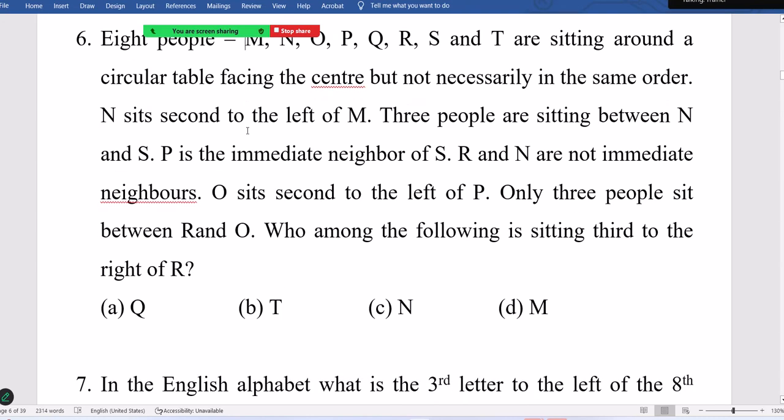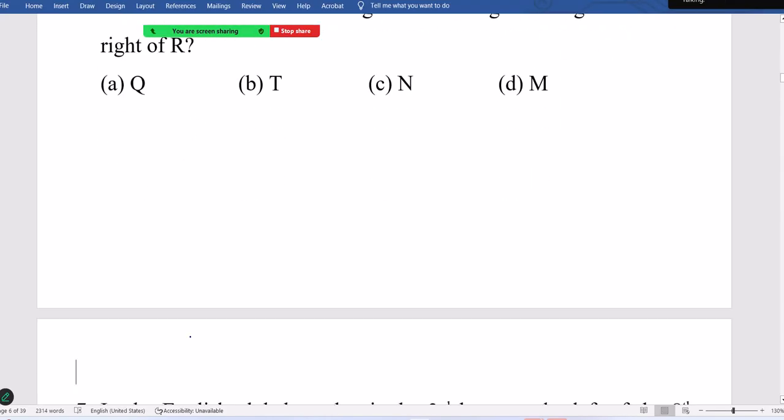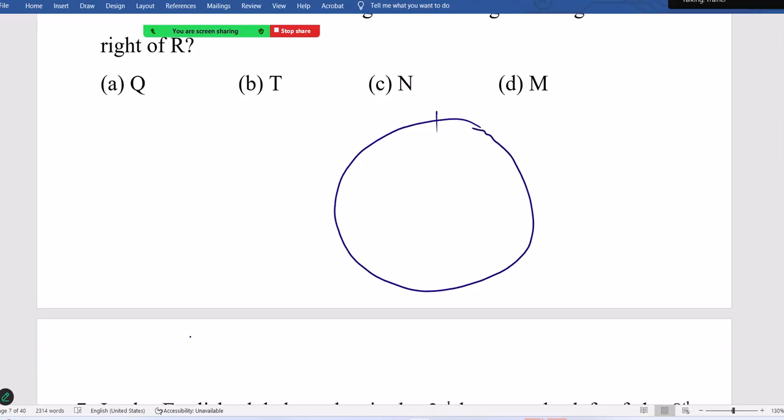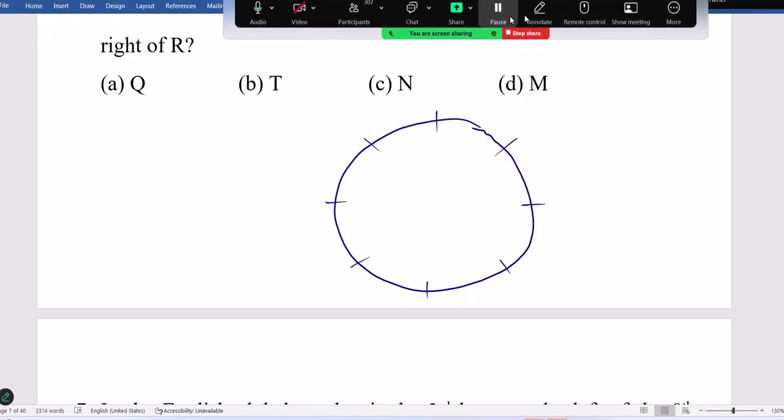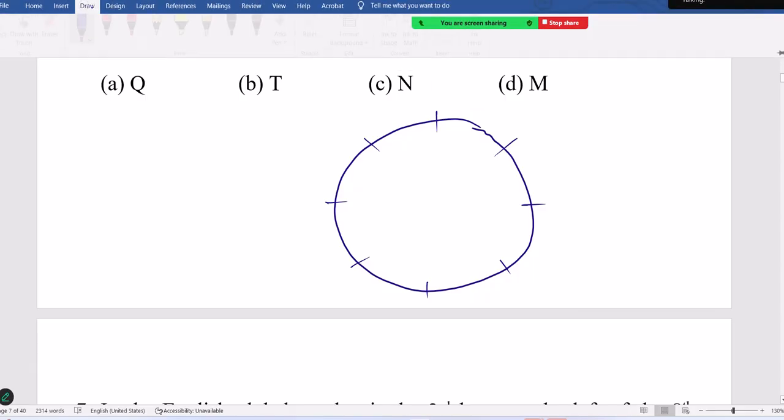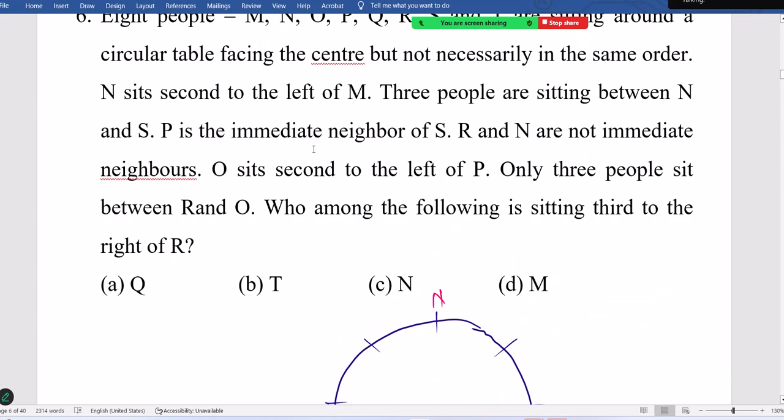Now let's go for 3 people sitting between N and S. Okay, N and S are opposite. 8 people by default maintain equal distance. 3 people are sitting between N and S. It's possible only when N and S are opposite. N here, S here. Whether it is clockwise or anti-clockwise, there are exactly 3 people.